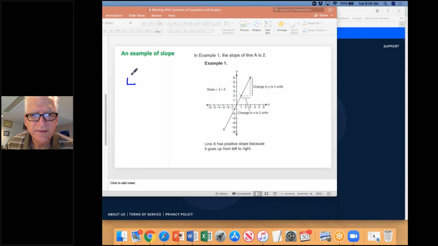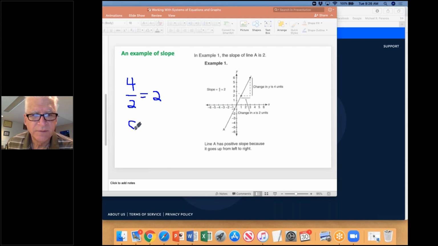So the change in y in this one is 4. As I go from this point to this point, I'm going up 1, 2, 3, 4. And then when I go from this point to this point, I'm going over 2. So up 4, over 2, and 4 over 2 equals 2.